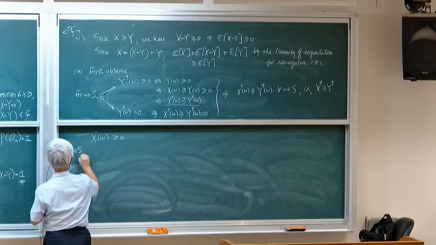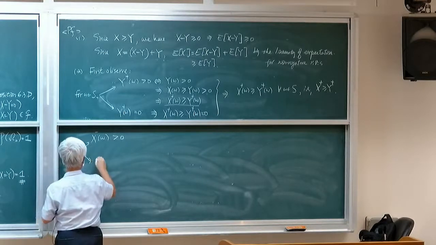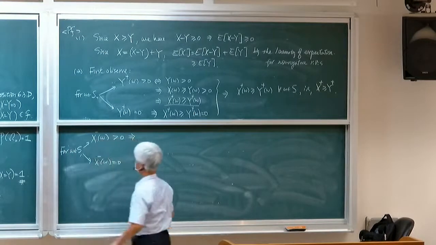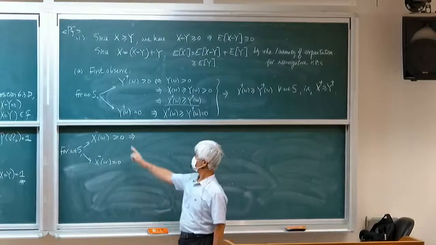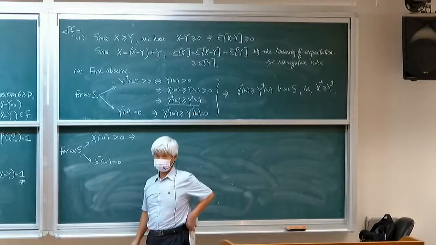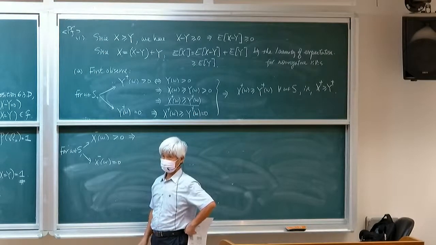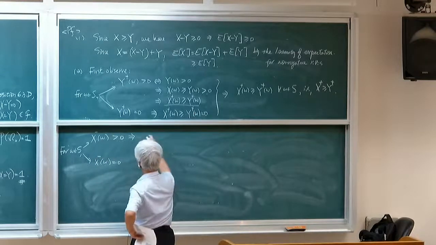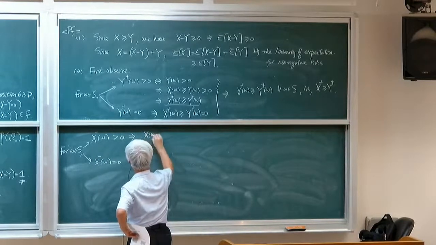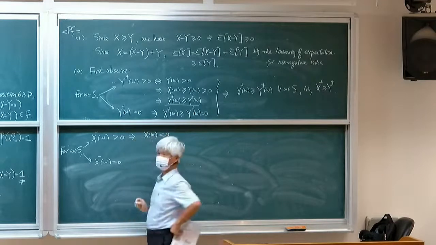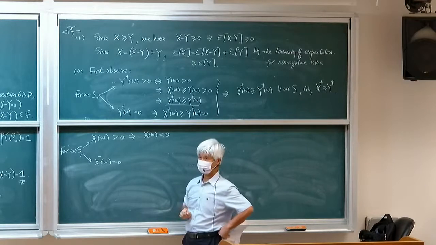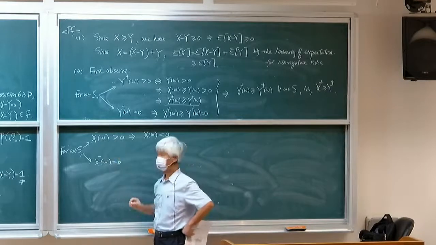Again, we have two cases. If the negative part of x is positive for some outcome, that means x omega is less than 0, by definition of the negative part.